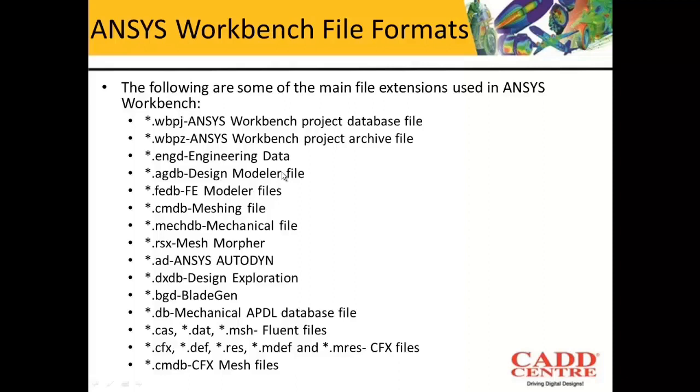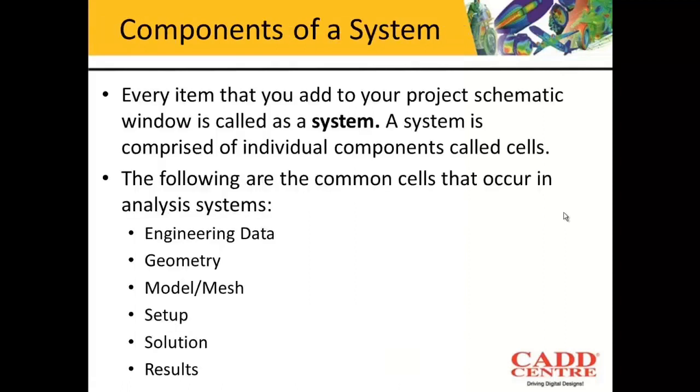So now you know what the extensions are. Out of this, we will be majorly working on WBPJ, WBPZ, ENGD, AGDB, CMDB, .db. These are the most commonly used extensions that we will be using in the coming chapters.